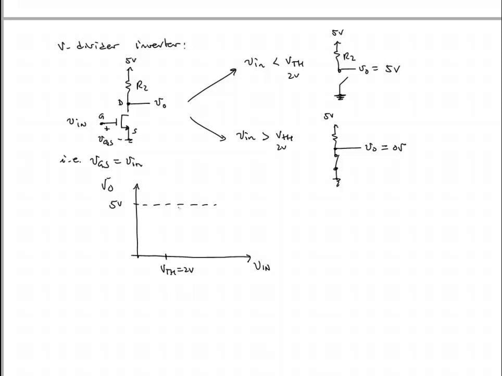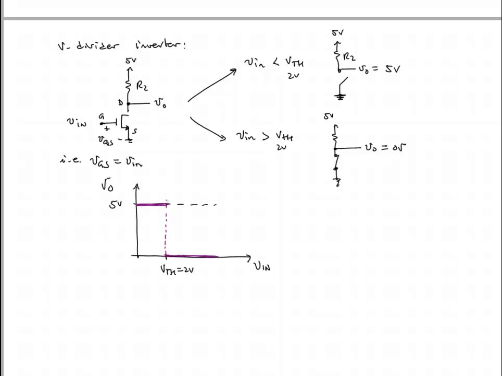When the input voltage is less than the threshold voltage, which is this case here, we say that the transistor is off, it's open, and so we get a full 5 volts at the output, right here. And when V in goes above the threshold, we get a short right here, and so VO is 0 volts.